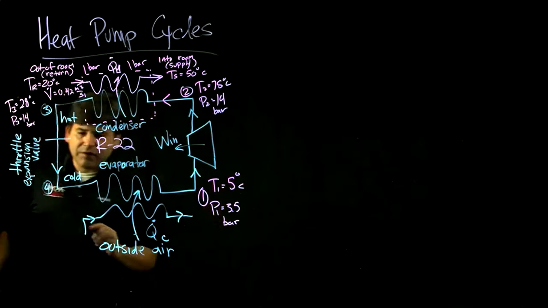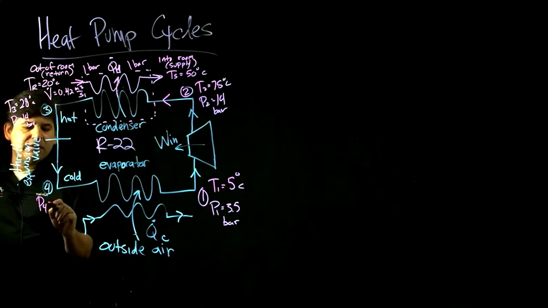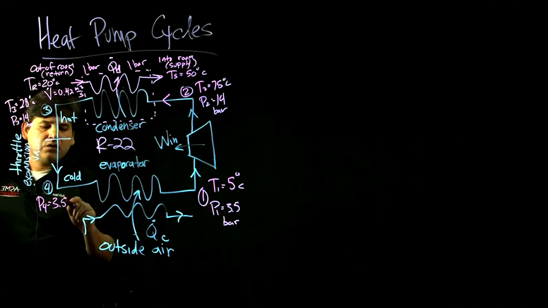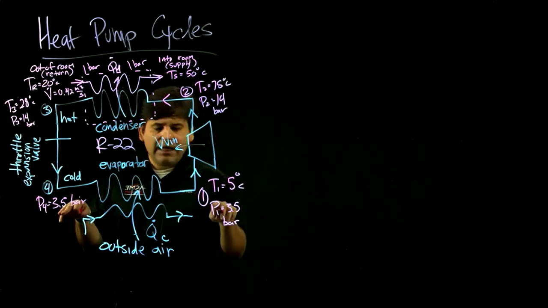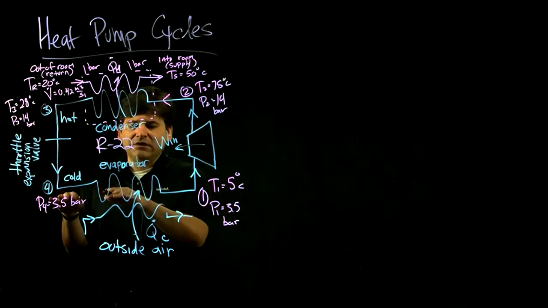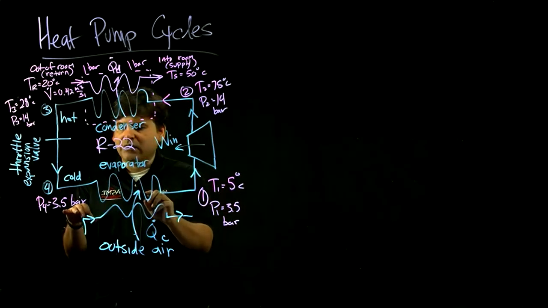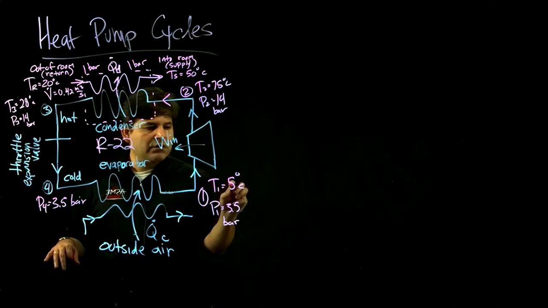So let's not worry about that temperature. We're just going to say that after the other side, it's going to be the low pressure branch, and eventually after this evaporation stage by heat transfer, it's going to go back to 5 Celsius.